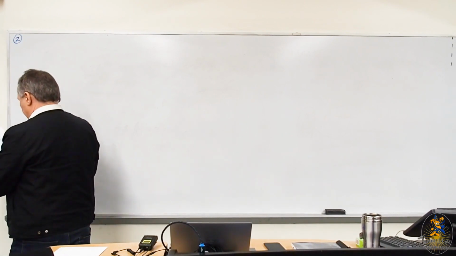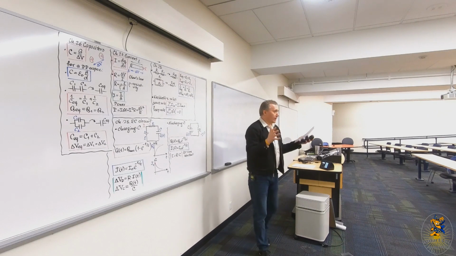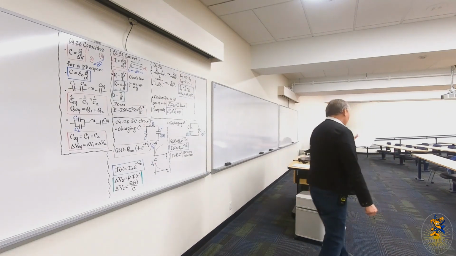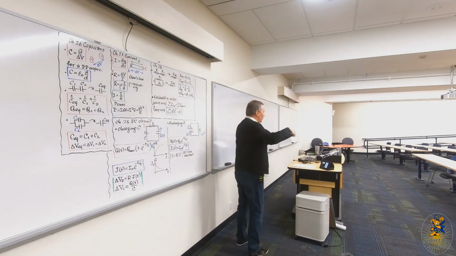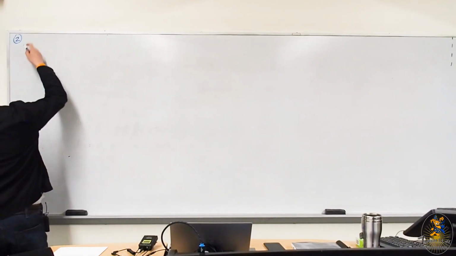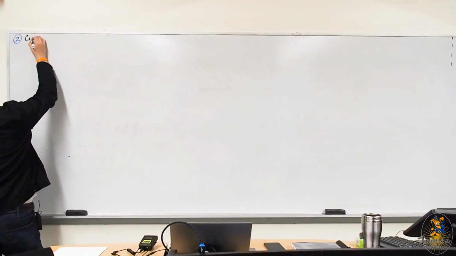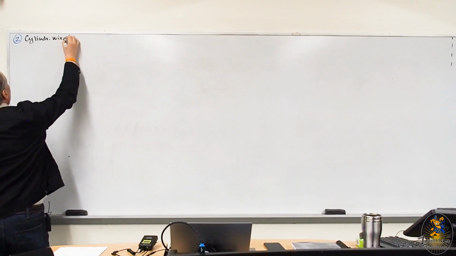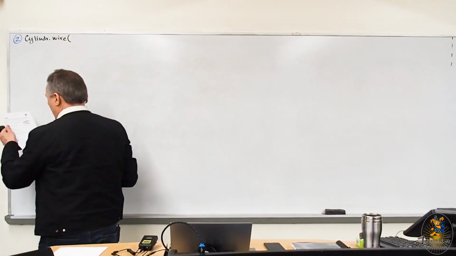So what we have here is a cylindrical wire, very long, 46 meters. It's almost like a spool of wire, most likely. Let me write parameters describing that wire.